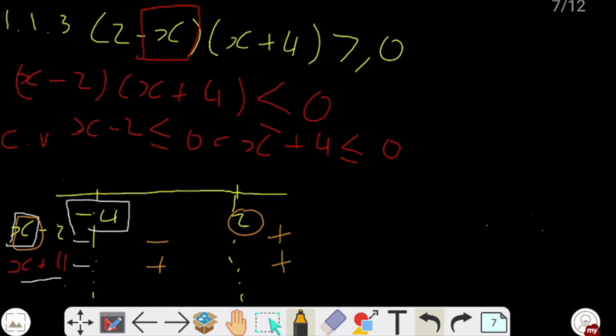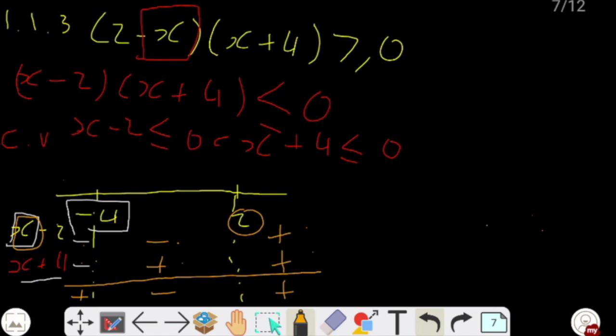And then we can underline there and find the product of our signs. Now here we have a negative and a negative, which should give us a positive, and then a negative and a positive, we have a negative, a positive and a positive, we have a positive, right?